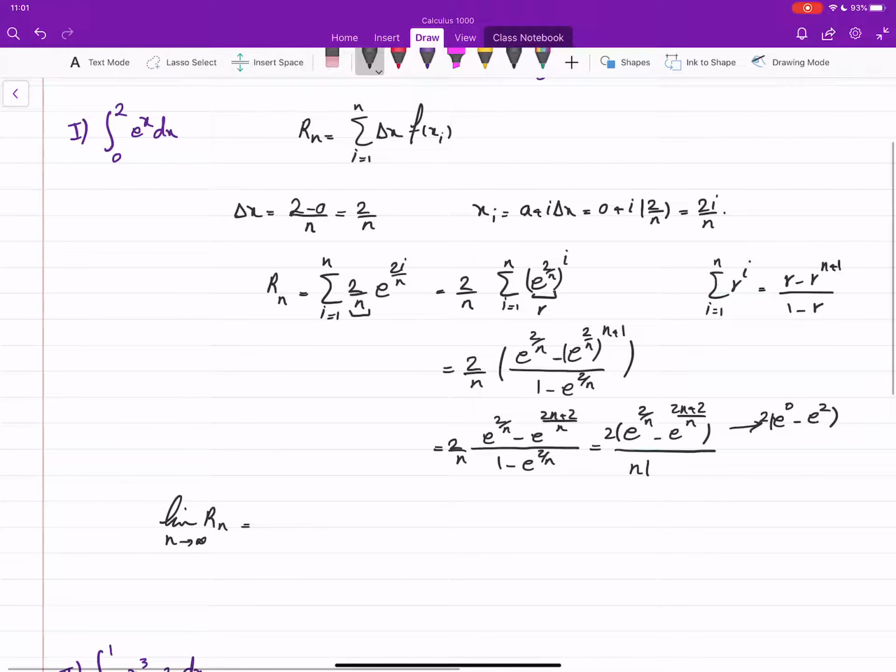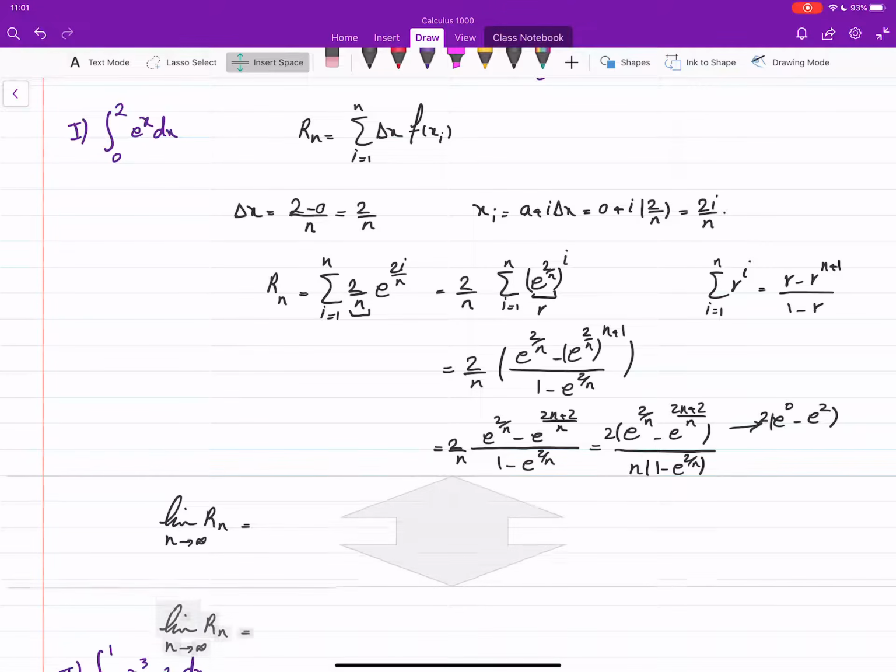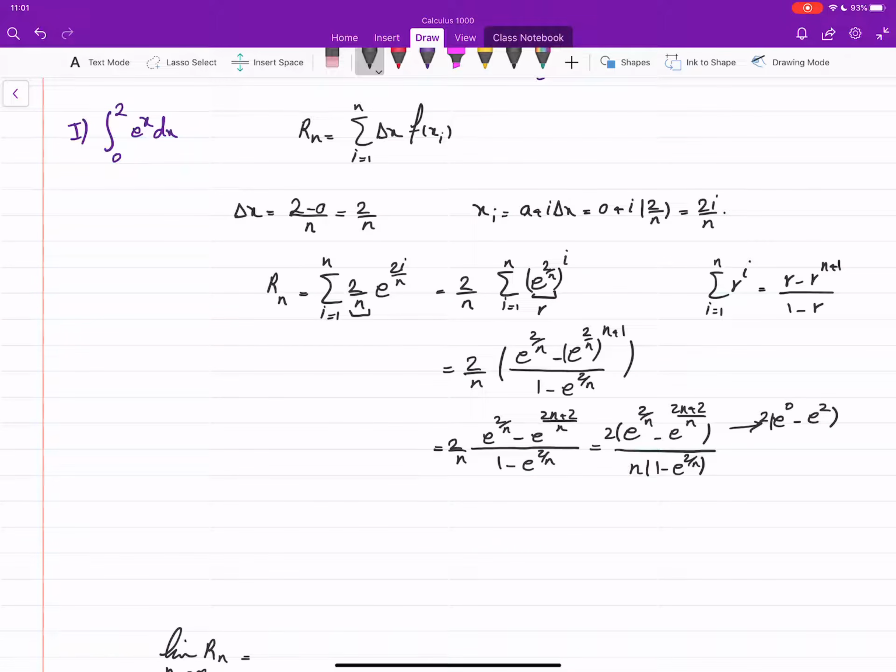The limit of the denominator is what we have to be a little bit careful about. And why is that so? Because when you try to find the limit of n times 1 minus e to the power 2 over n, as n goes to infinity, this is going to give us infinity times 0.